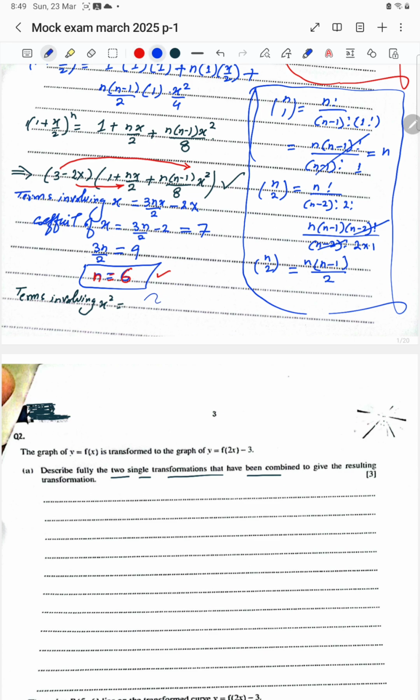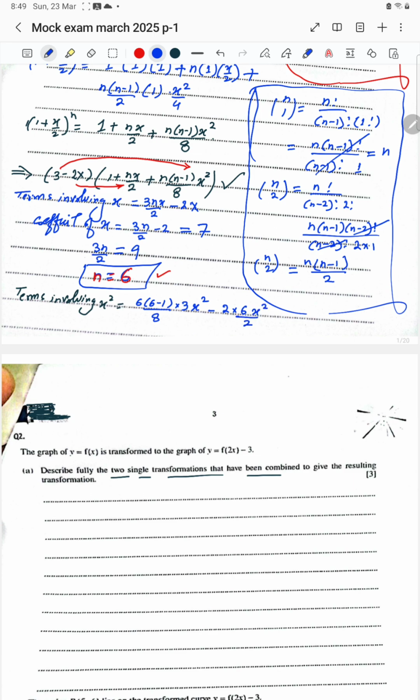When 3 is multiplied with the last term, you get 6 times (6 - 1)/8 times 3 x squared. Yeah, because 3 is going to multiply this term, as you can follow the arrows. And next will be -2 times 6, because n is 6 now, times x times x/2.